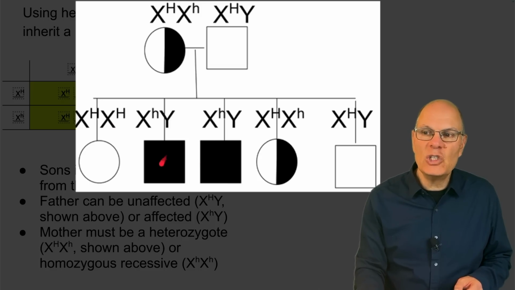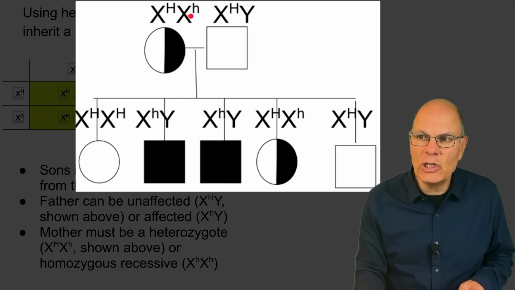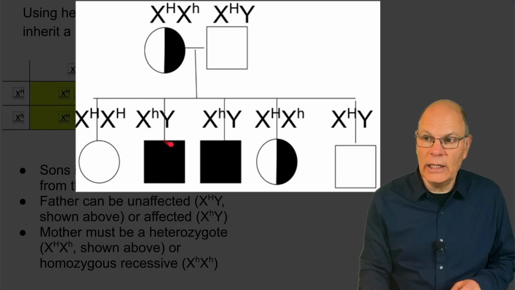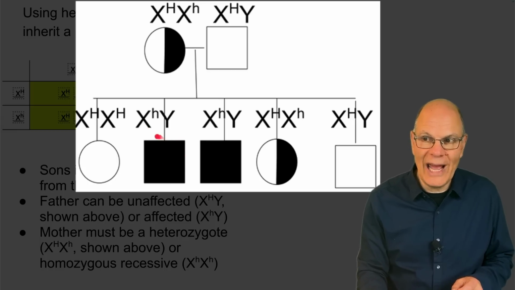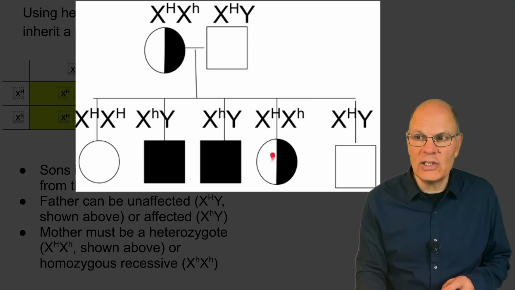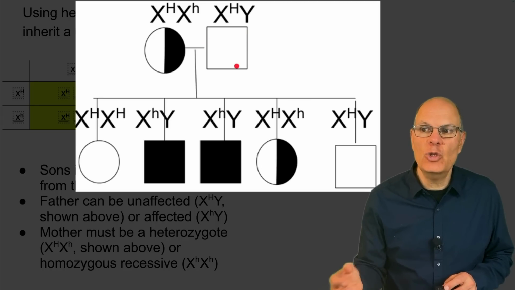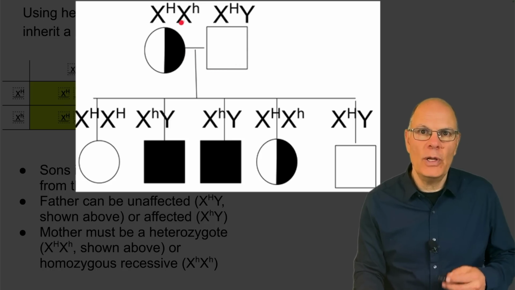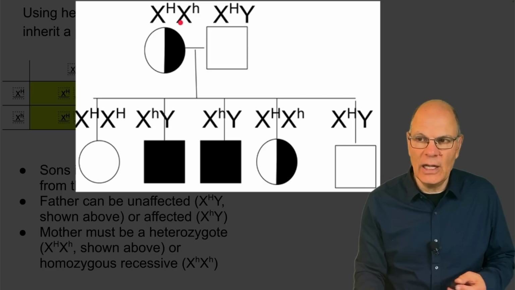In the case of these two sons, the mom passed on her defective X chromosome with the hemophilia allele. So we have two sons who are X little h Y. They're both hemophiliacs. This daughter over here is a carrier.